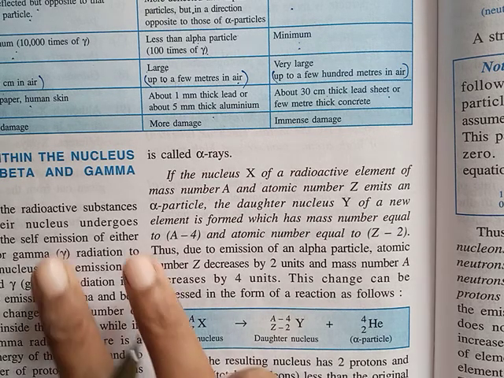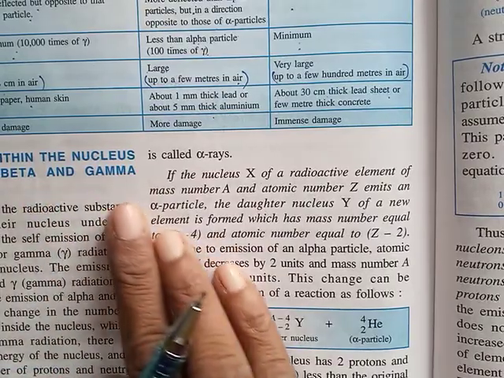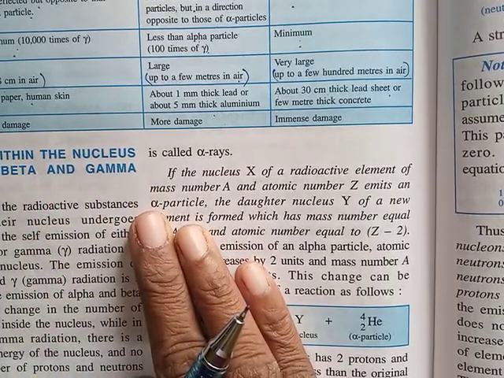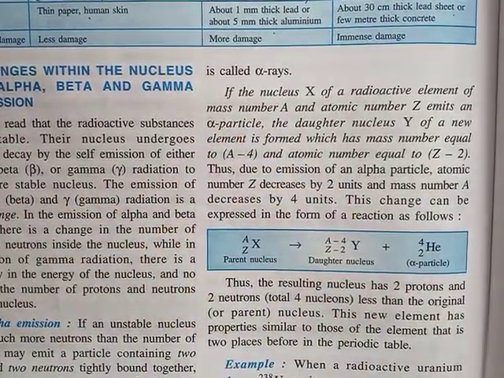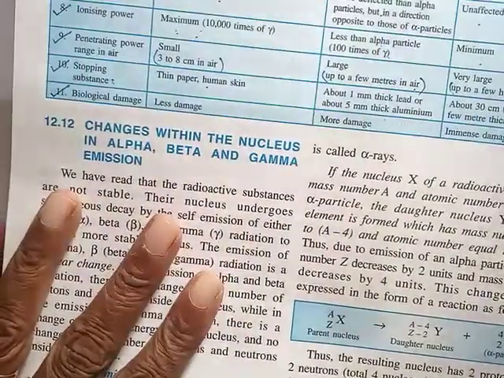Now we go to the next topic, changes within the nucleus in alpha, beta and gamma emission. What actually happens when alpha, beta, gamma emission happens? Let's go one by one. Let's start with alpha.